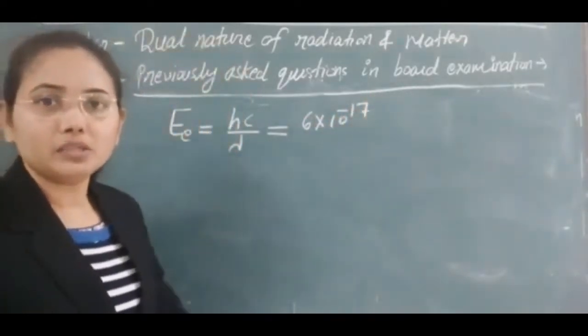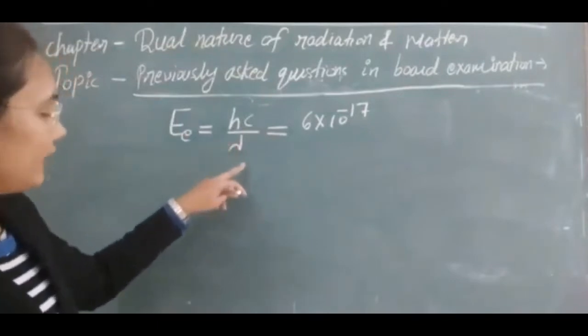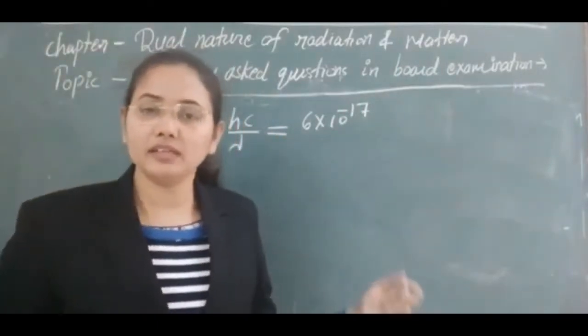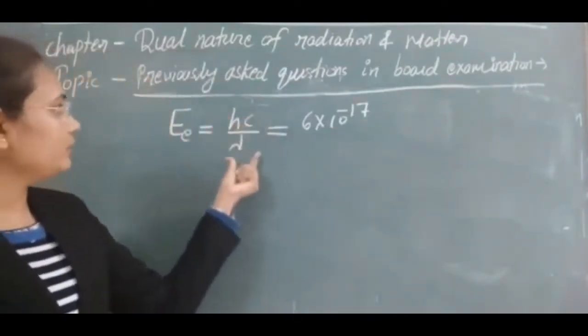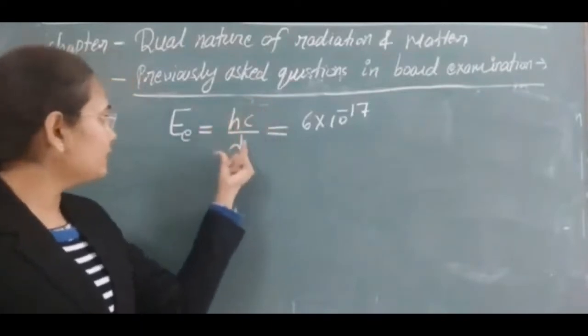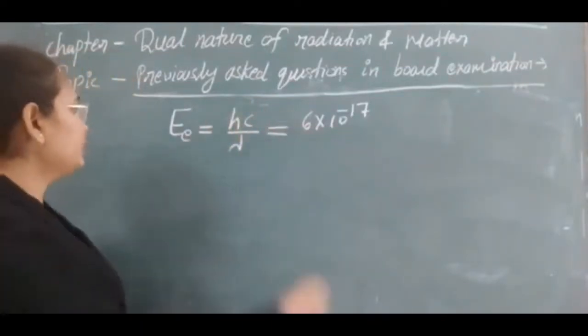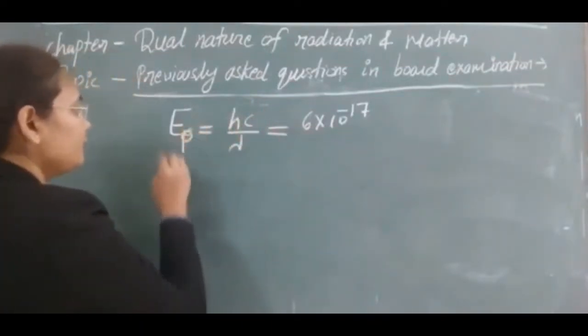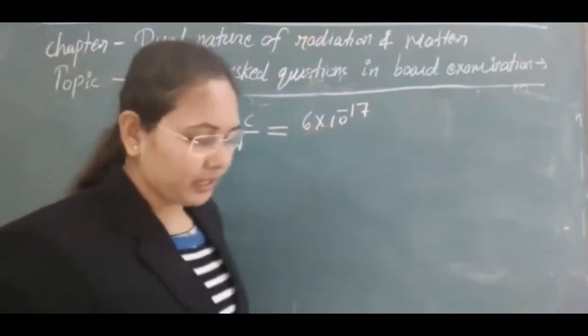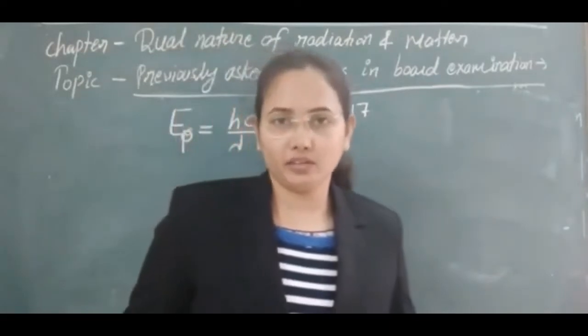So in the question it is mentioned that the equivalent wavelength of the moving electron is possessing this energy. That energy you can write by the de Broglie equation, that is hc by lambda, and this energy is given, equal to the energy of the photon. Clear?